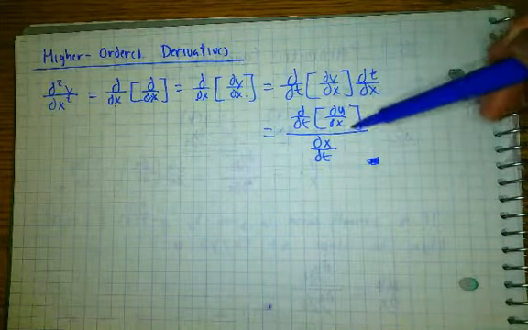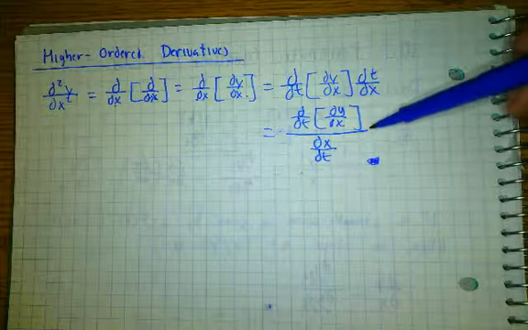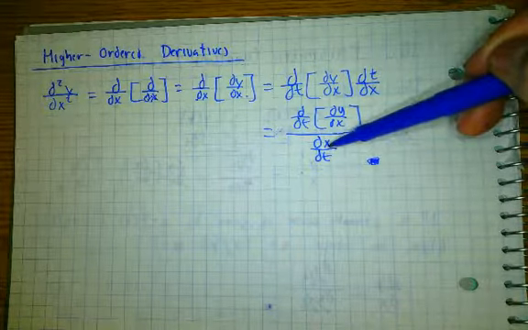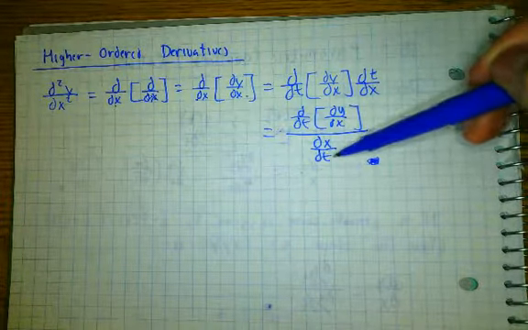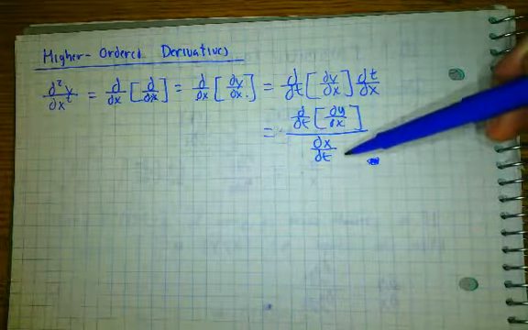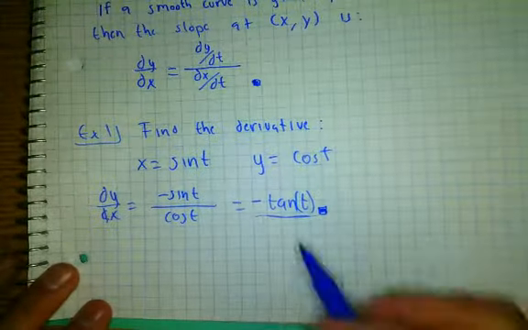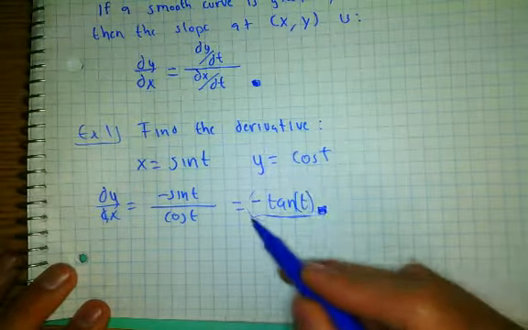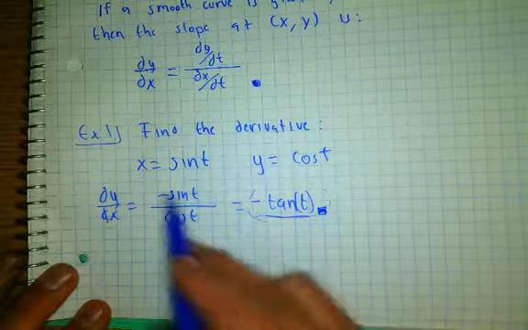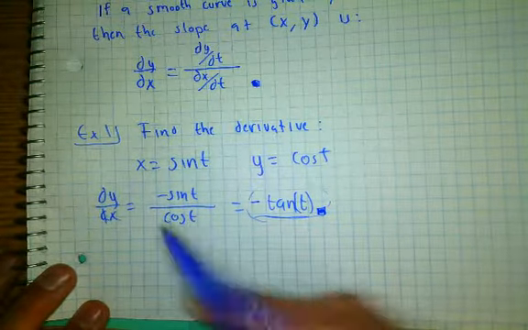But after you find that, you have to divide it by the derivative of x with respect to t, which goes back to the very beginning. If we were going to try this example, we would first find the derivative of this and then divide by the derivative of x with respect to t, which was cosine of t. And we'll try an example here in just a second.